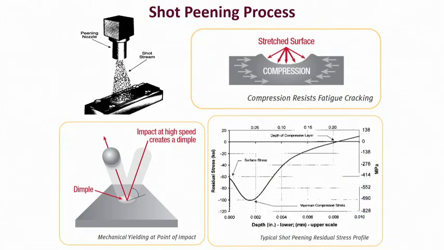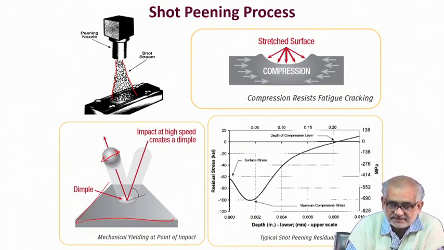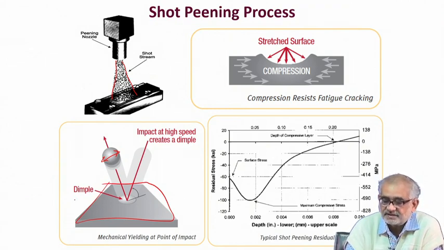So this is an idea as to how small these shots are compared to the overall surface that we are trying to treat. In this cartoon, you cannot make out the size difference, but imagine this is less than a millimeter, maybe 0.3, 0.4 millimeter, and this surface area can easily be a meter by meter or half a meter by half a meter.